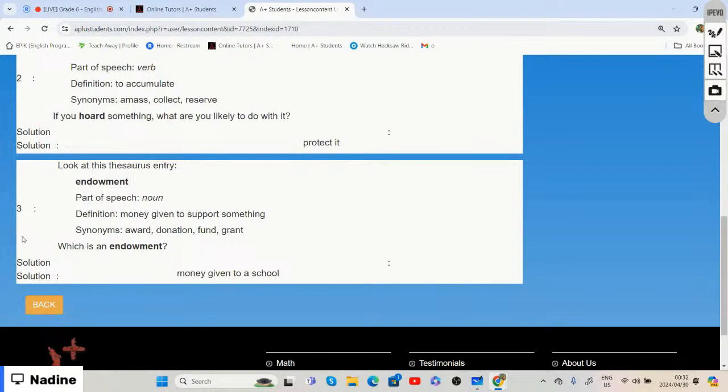And then the synonyms of the word endowment are award, donation, fund, or grant.